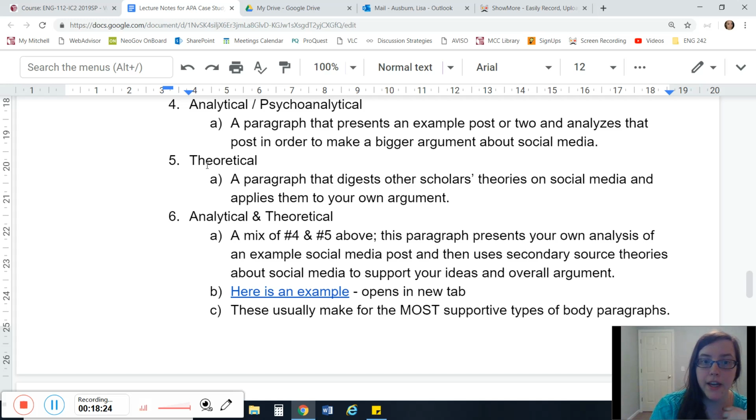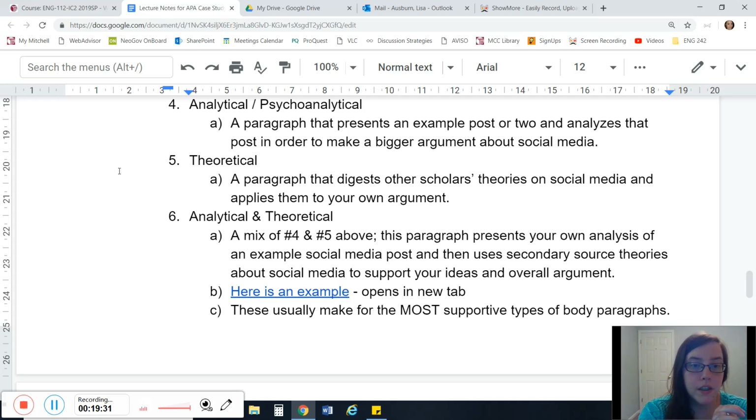Other people might rely heavily on secondary sources or a more theoretical approach to making your social media argument, and either one of those is perfectly fine. In the APA paper, you'll remember that I only ask that you have 10 sources, but it doesn't matter how many are primary and how many are secondary.